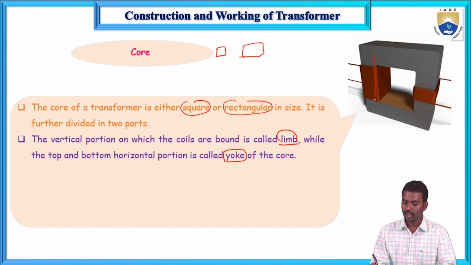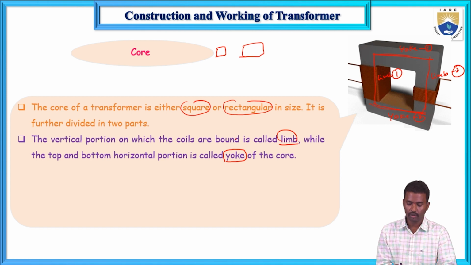And next, the vertical part of the transformer core is limb. So this is limb 1 and this is limb 2. And this horizontal part of the core is known as yoke. This one, yoke 1 and yoke 2.